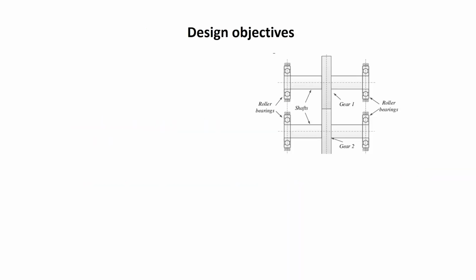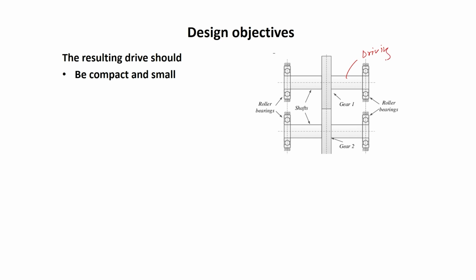Now, what is the design objective? Let us study in brief. In this figure, a driving shaft and a driven shaft are shown, and these shafts are supported by bearings.